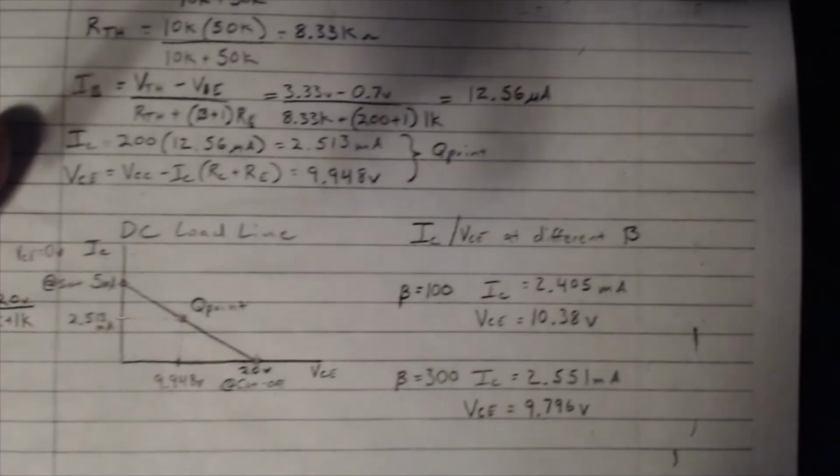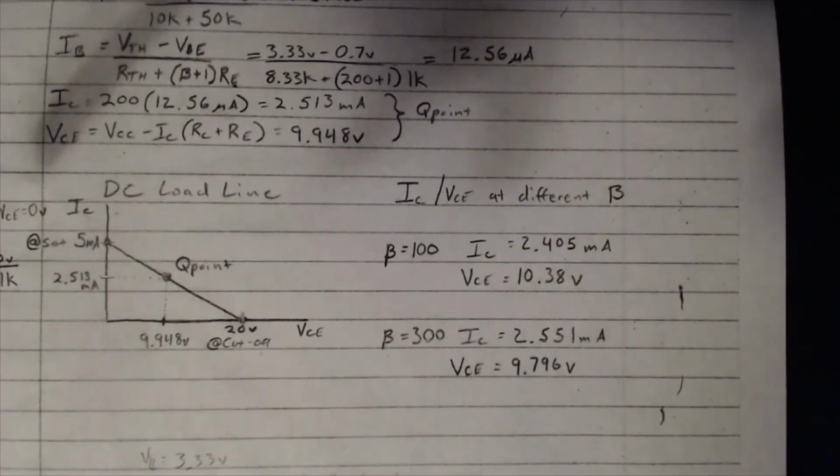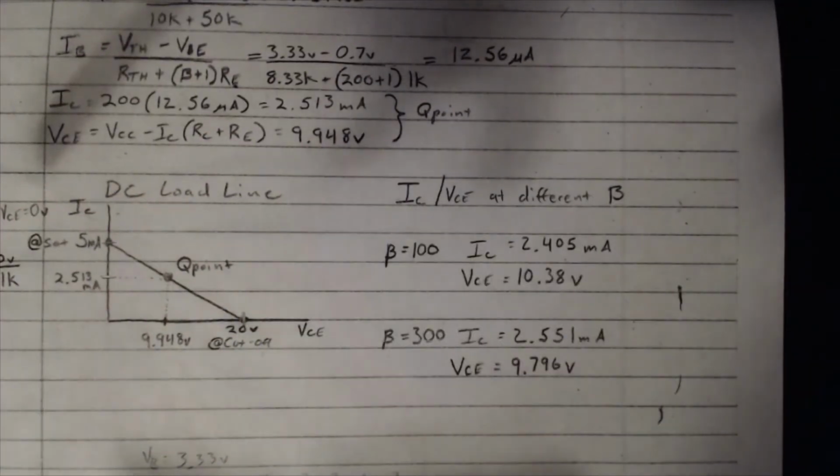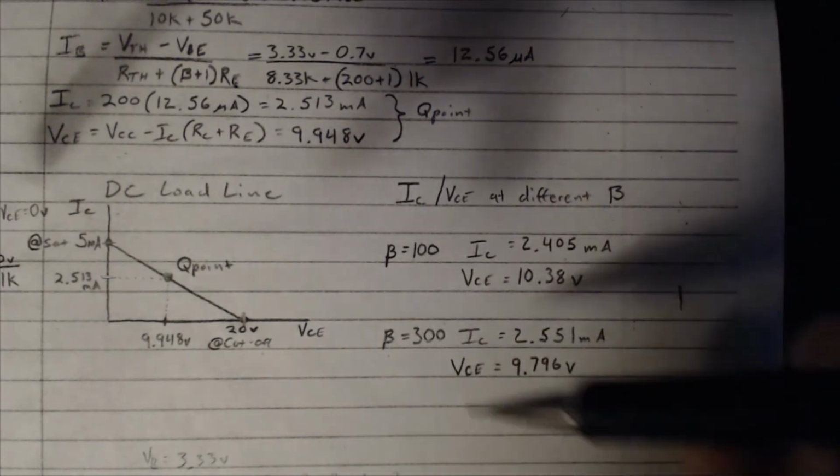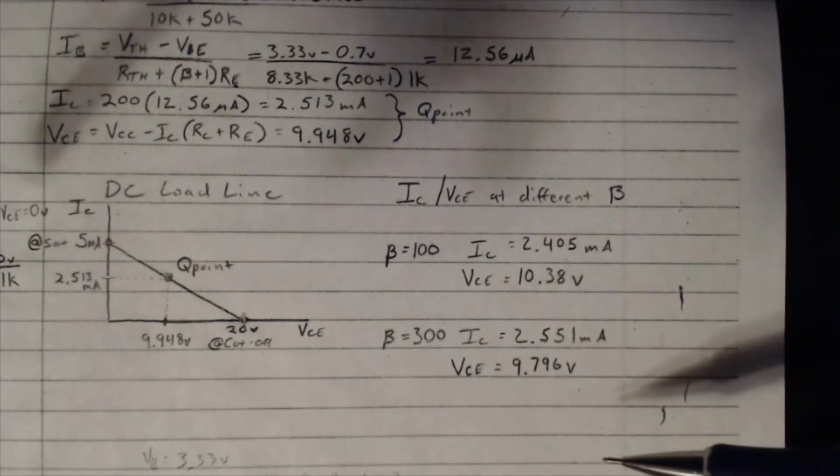So what I went ahead and did was I went through this same solution, all the steps that we already did. I did it 2 other times with drastically different betas to see how our operating point changes.